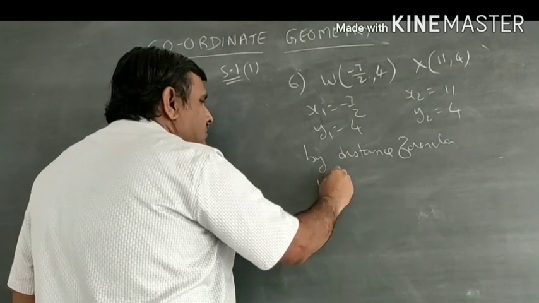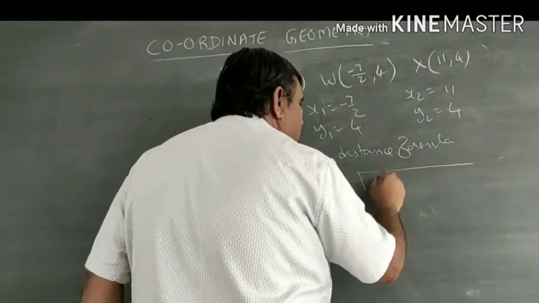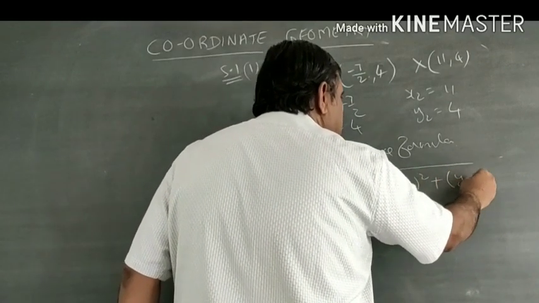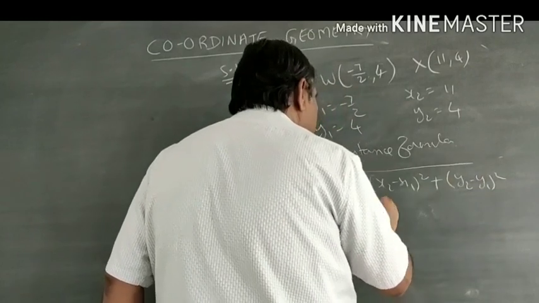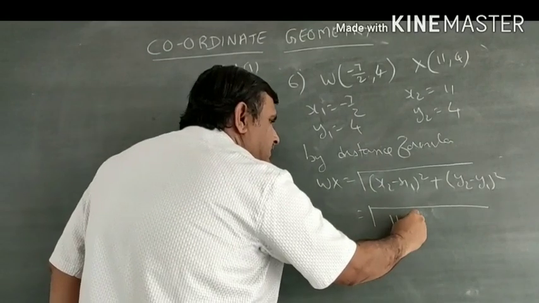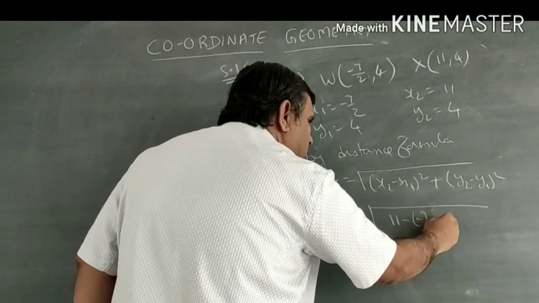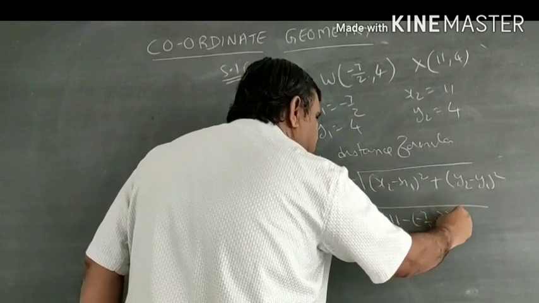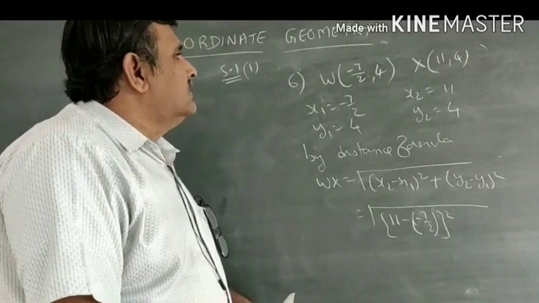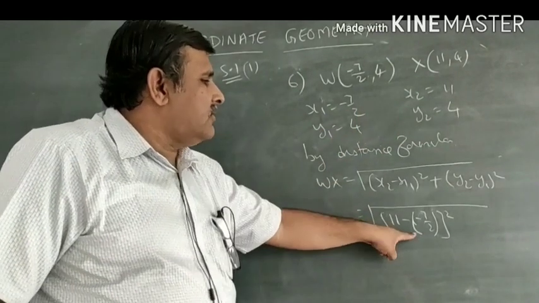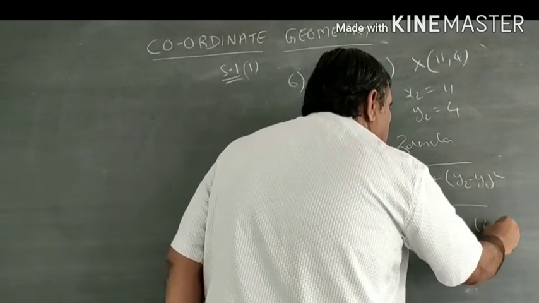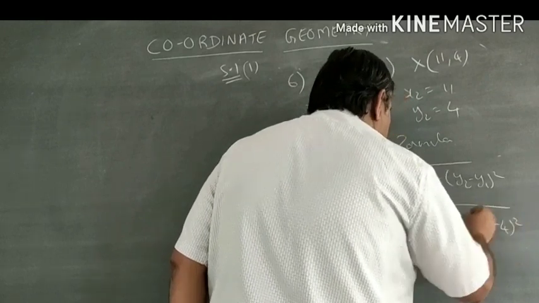Wx will be equal to under root x2 minus x1 square plus y2 minus y1 square. It is equal to, now see, x2 minus x1 means 11 minus minus 7 upon 2. Put it in the square bracket, square. Correct? 11 minus minus 7 upon 2 whole square, and y2 minus y1 will become 4 minus 4 whole square.